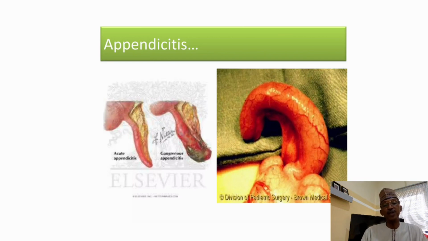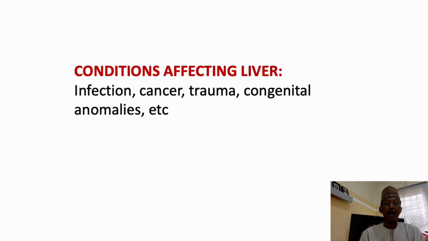So once the appendix is inflamed, it is advisably supposed to be cut, and so the surgery is what we call appendectomy. And so I've already discussed the different categories of surgical incisions that one can do to remove an inflamed appendix. So what are the conditions that affect the liver?